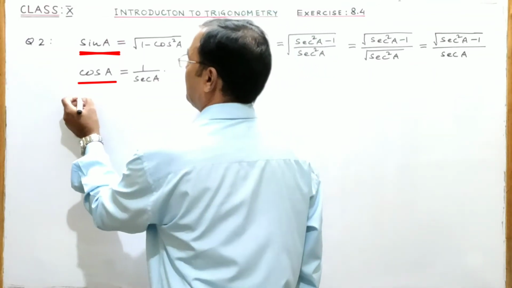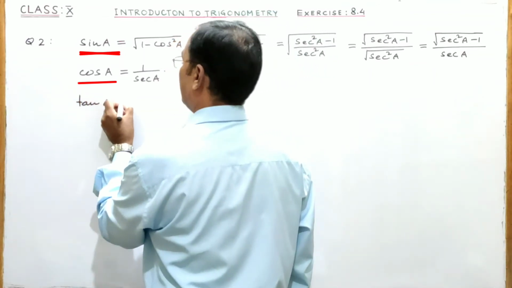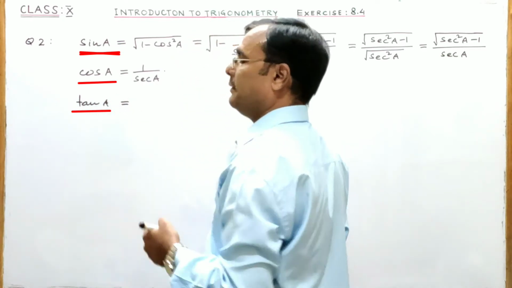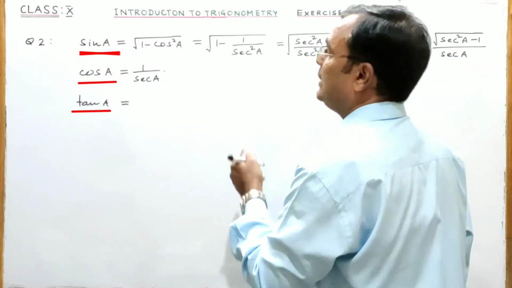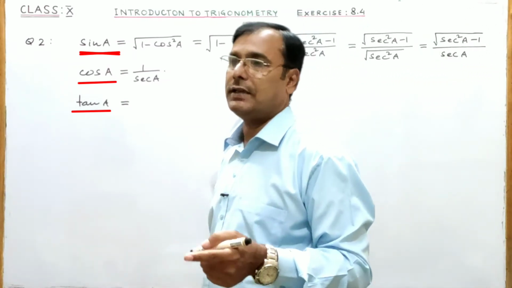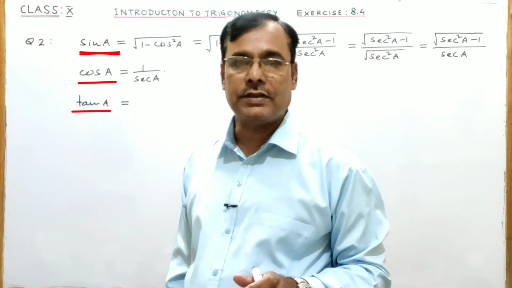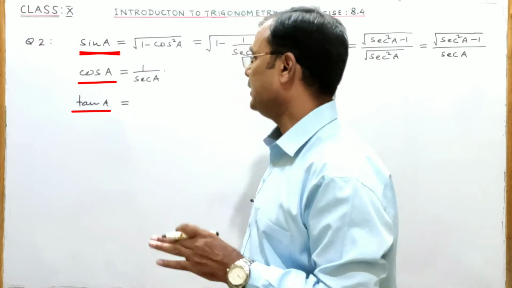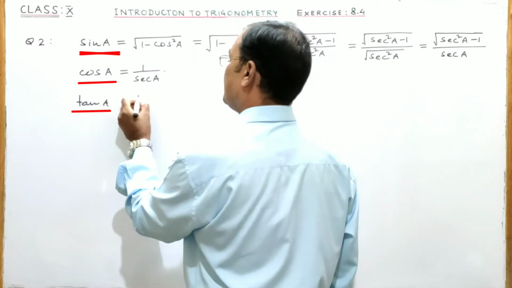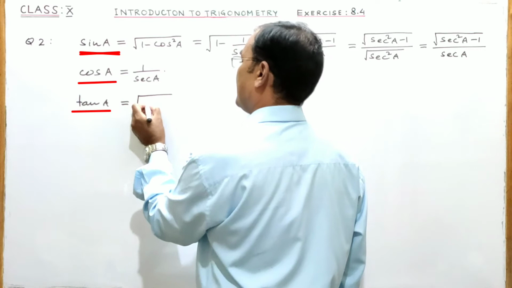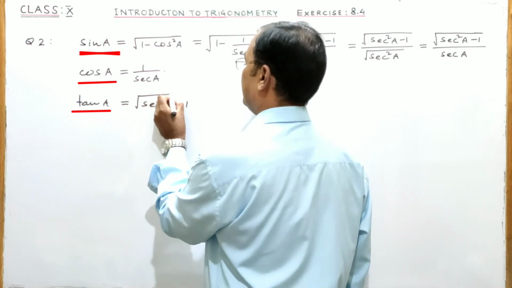Now tan A. Tan A we are going to express in terms of sec A. You know the identity, tan square A is equal to sec square A minus 1, or 1 plus tan square A equal to sec square A. Using that identity we can write tan A is equal to under root sec square A minus 1.